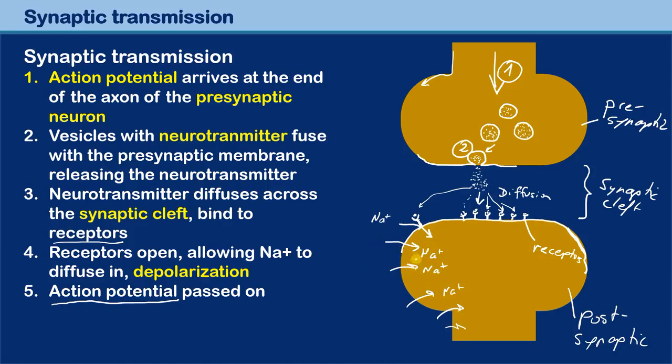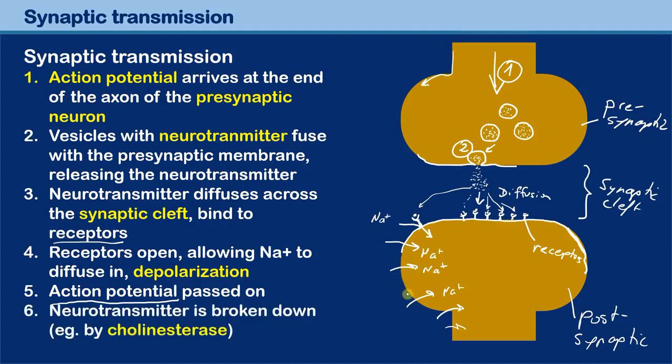I'm not going to explain that now because that's a different video. What we have to do is, after the sodium has gone in and the next action potential is passed on, we still have a lot of this acetylcholine or whatever neurotransmitter we're talking about.